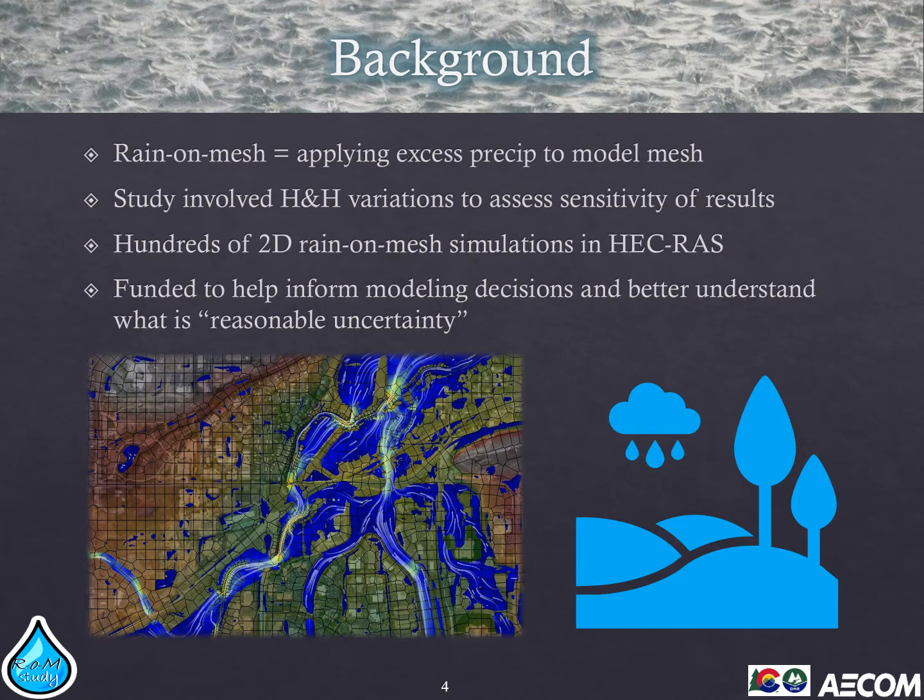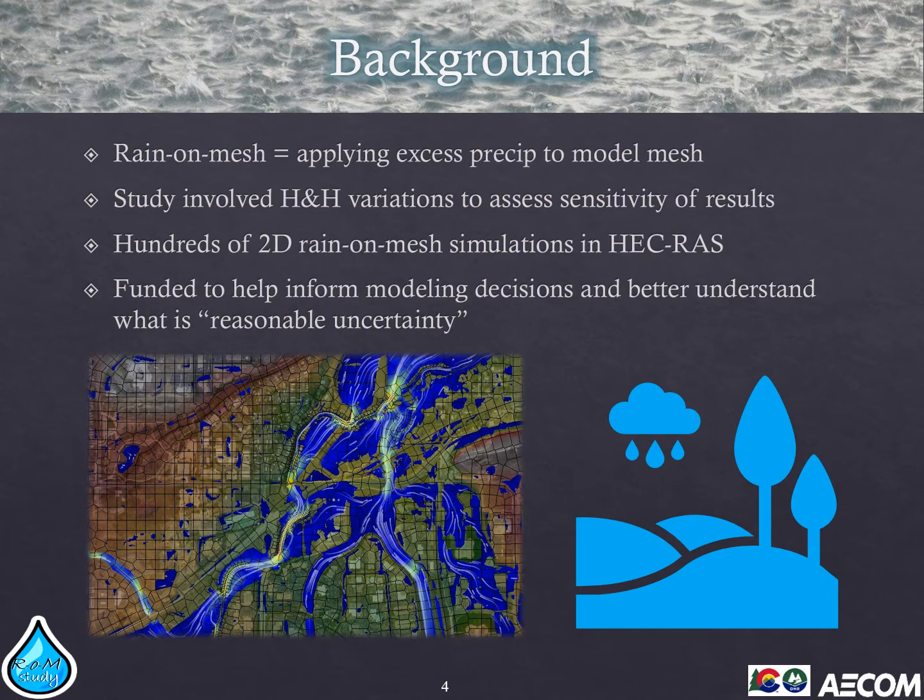A bit of background for context before we jump into why we did the study and what we were trying to answer. I wanted to explain, first of all, what rain-on mesh modeling is. It's a way of applying excess precipitation to a model mesh, often called a grid. When I say excess precipitation, that is the portion of runoff, the portion that does not infiltrate.